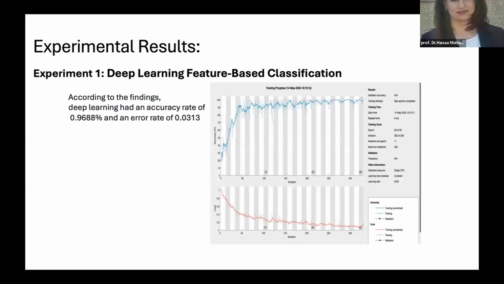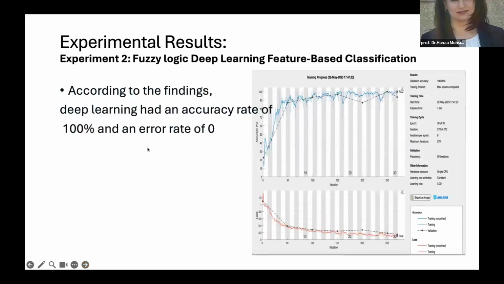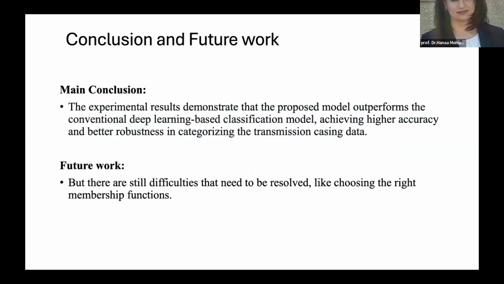We conduct two experiments. The first one is for the conventional deep learning model, and we present here the training and testing curve, also the accuracy rate and error. When we apply our proposal for the transmission casing data, we found the accuracy rate goes to 100%.